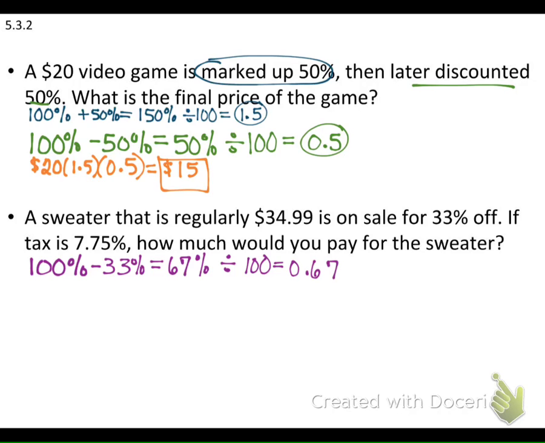Because that's my, what's that number called? My multiplier. Okay. From here, what do I do, Nick? 100%. Okay. Plus 75%.